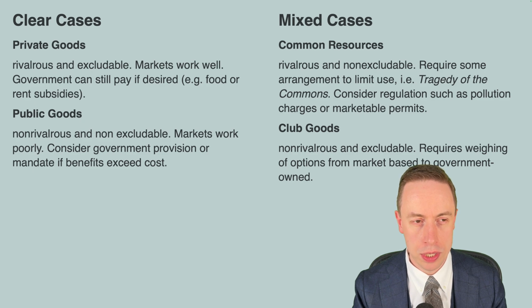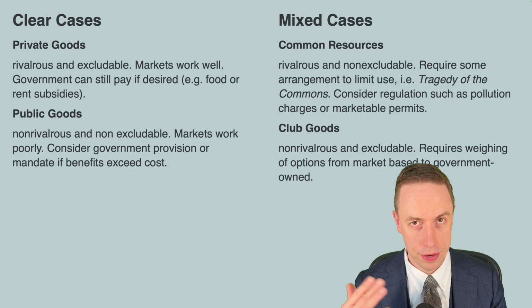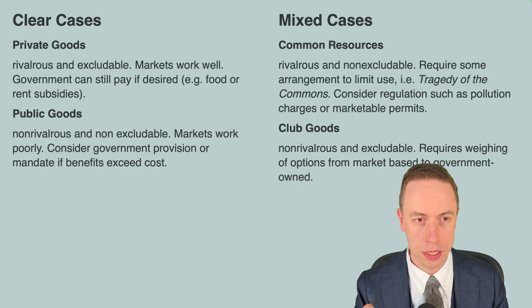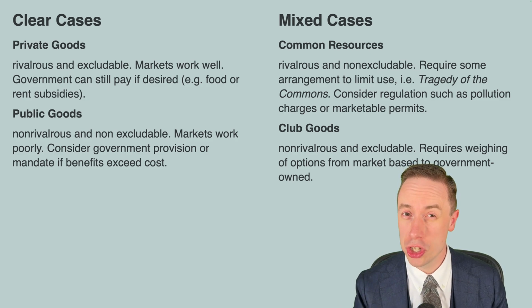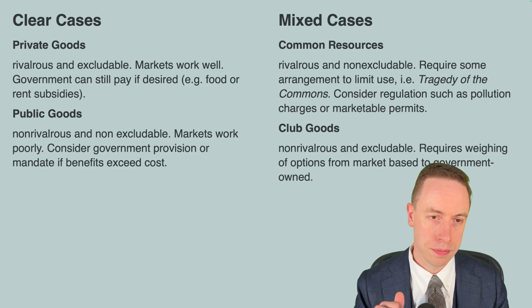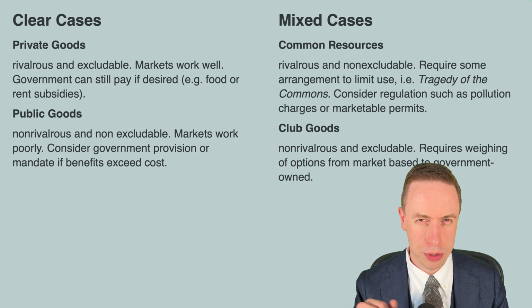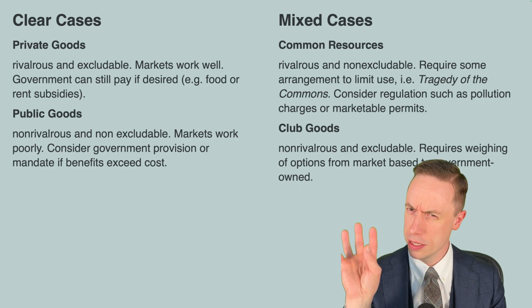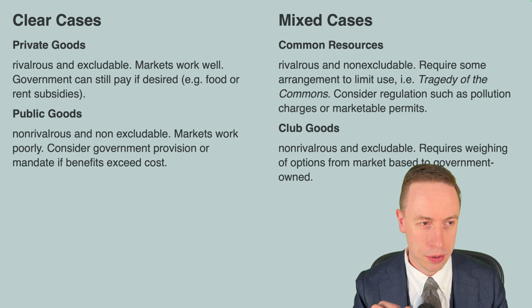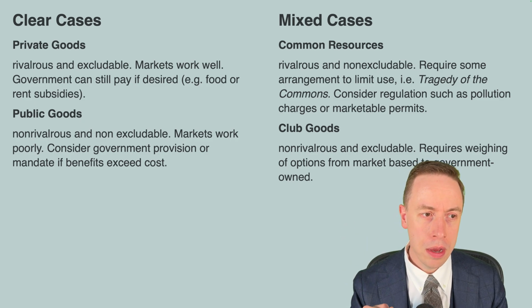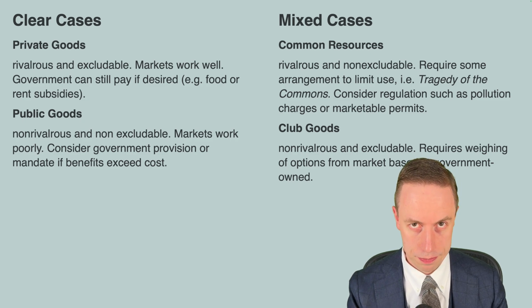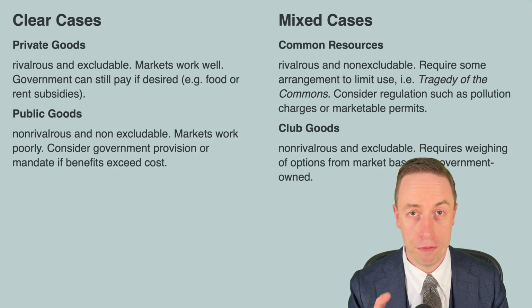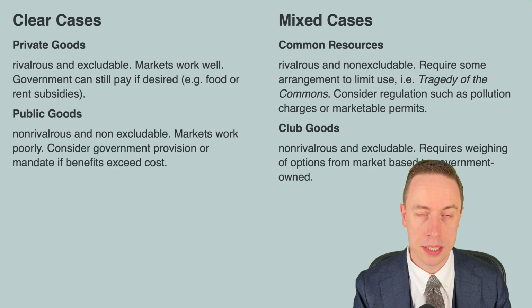But then at the opposite end, sort of the very well-defined cases, we have public goods that aren't rivalrous. So like the lighthouse, everybody can see it. If I see the lighthouse, I'm not taking away from anybody else. But you also can't charge for them, like the lighthouse, unless you have a very weird roundabout way. Maybe you could have an ad that gets displayed by the lighthouse. Oh well, I digress. Here, markets don't work right because of a problem called the free rider problem that I'll discuss in a second.